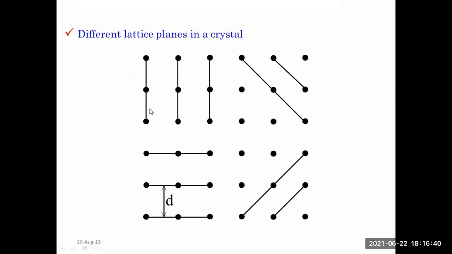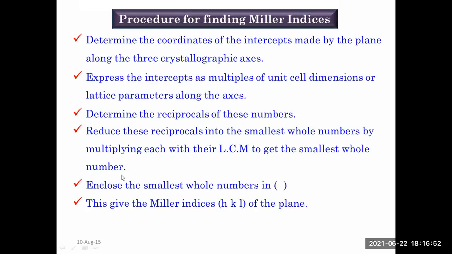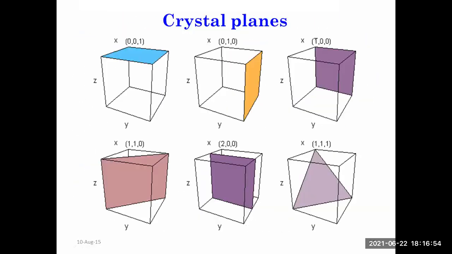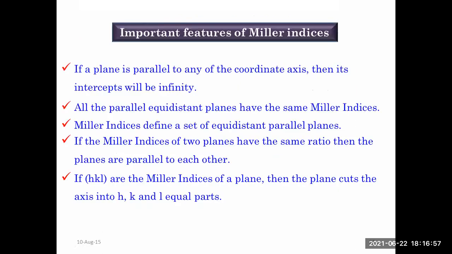We are talking about, see, they are equal. This particular plane is equidistant. You can just see they are equidistant when compared with the neighboring one. So we are just discussing the same thing here. So Miller indices define a set of equidistant parallel planes. If the Miller indices of two planes have the same ratio, then the planes are parallel to each other.